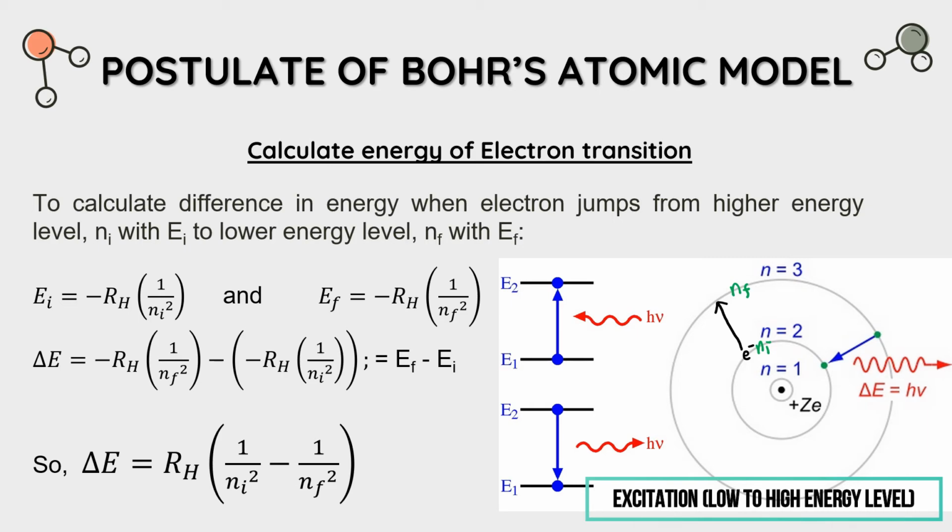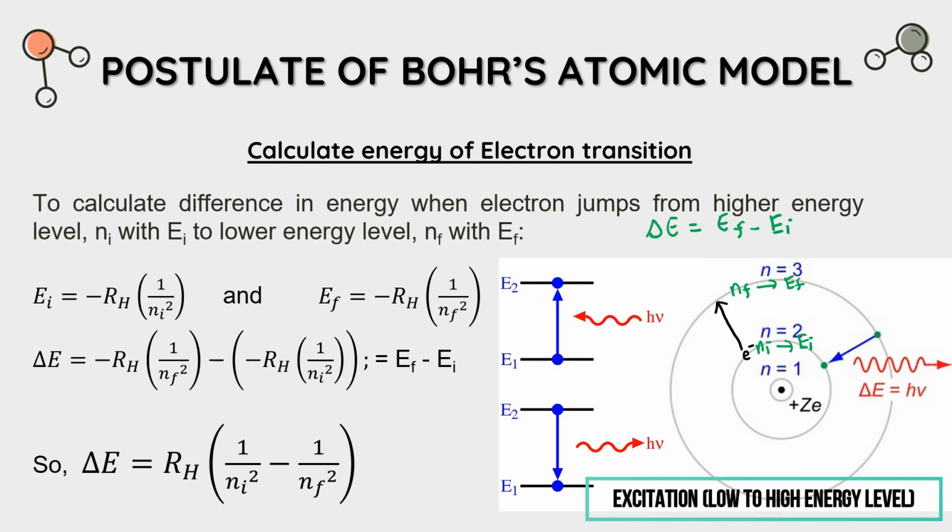From the N final, you should be able to find its final energy value, and for N initial, you should be able to find its initial energy value. So to get the energy difference delta E for this electronic transition in excitation, you can use this mathematical operation, E final minus E initial.